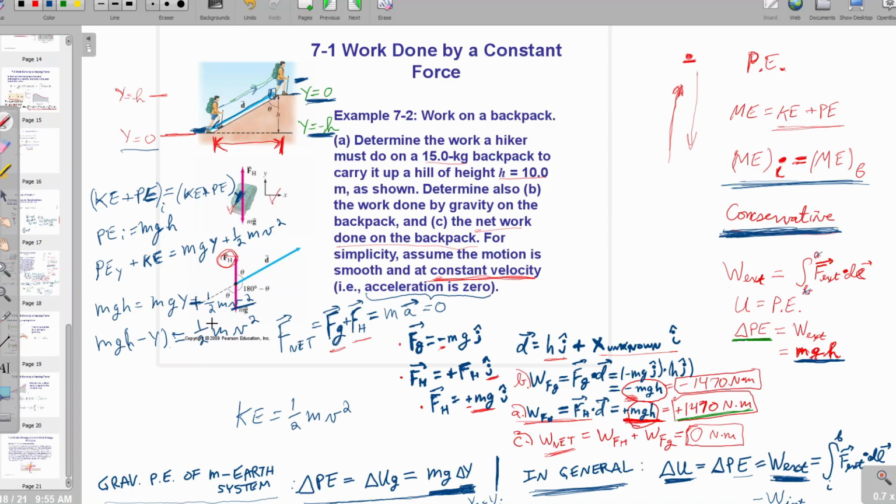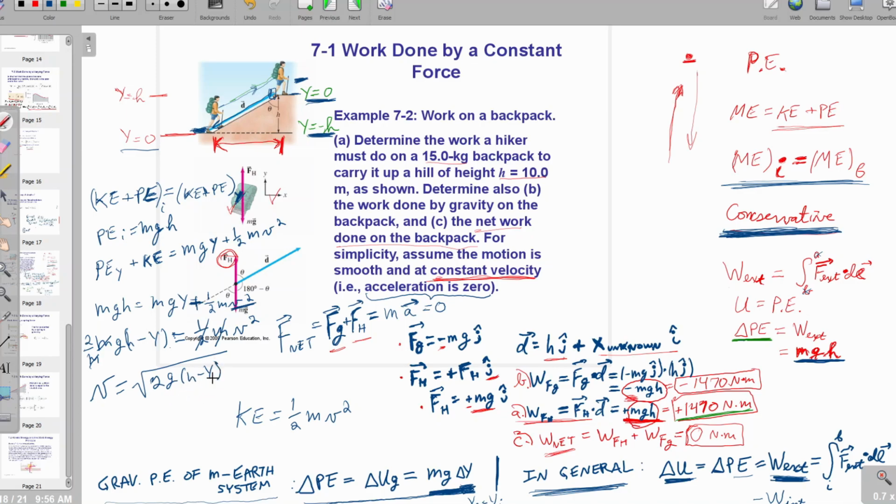Multiply by 2 over m on both sides. That would get rid of this here, and it would give me a 2 over m on this side, so those two things would cancel out. Take the square root of both sides, and I would have that v is equal to the square root of 2g times (h minus y).